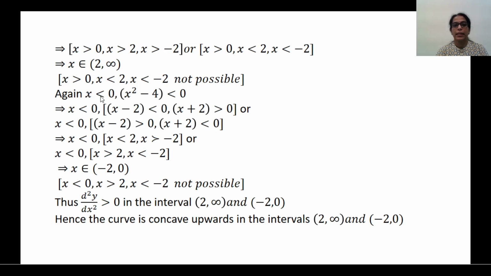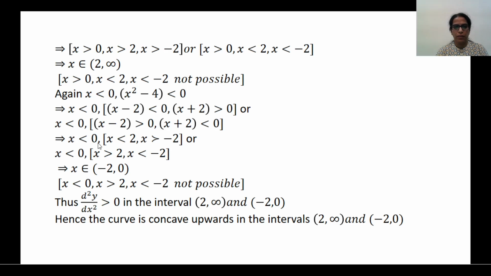Again, x less than 0, one more condition, x square minus 4 less than 0, which implies x less than 0. If this must be less than 0, means x minus 2 less than 0, one is negative and one must be positive, or this is positive and this is negative.